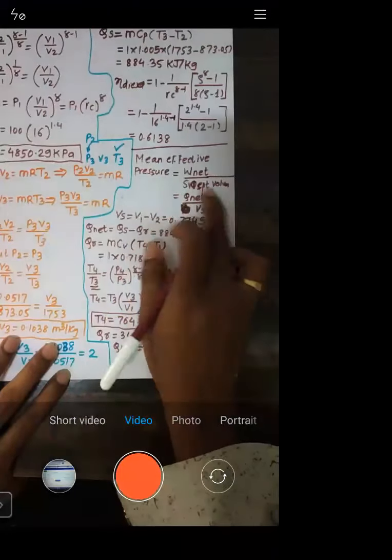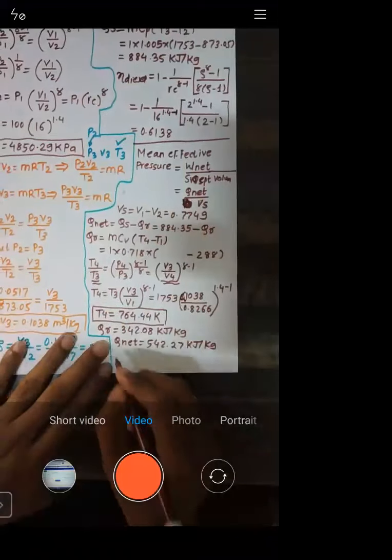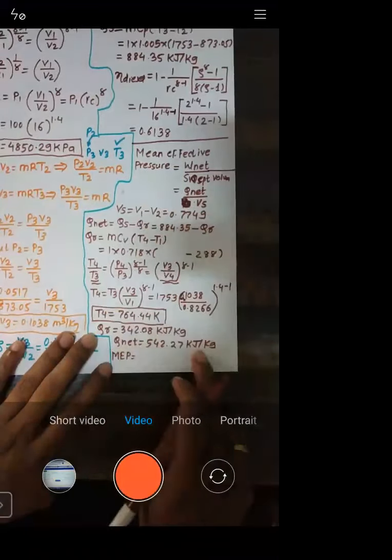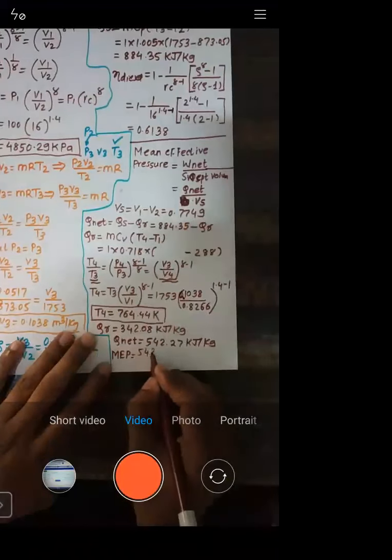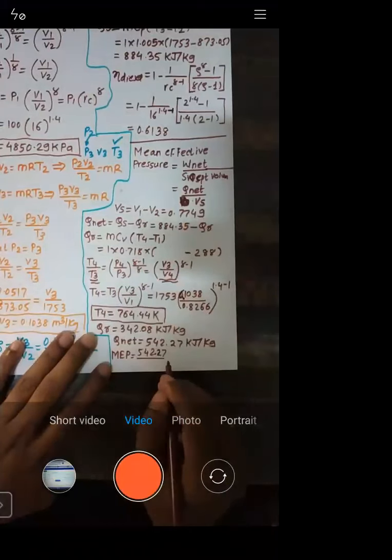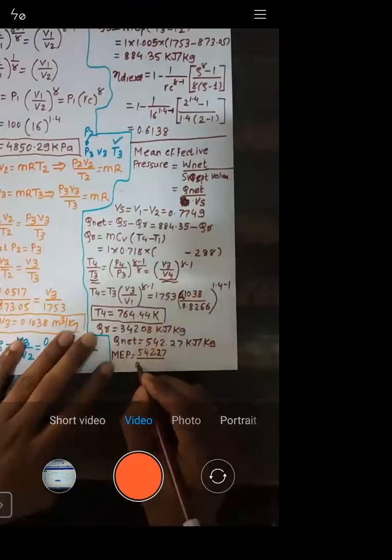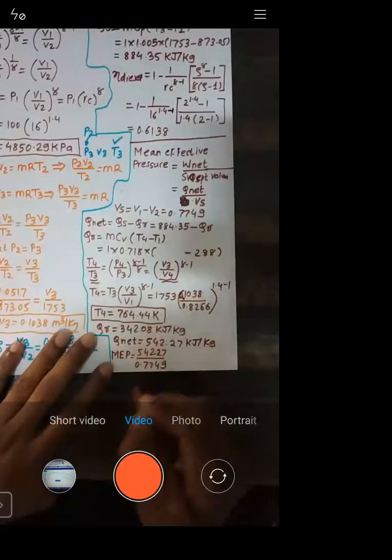Now let us calculate the mean effective pressure. Mean effective pressure is Qnet, which we got now as 542.27, upon swept volume. Swept volume is 0.7749.